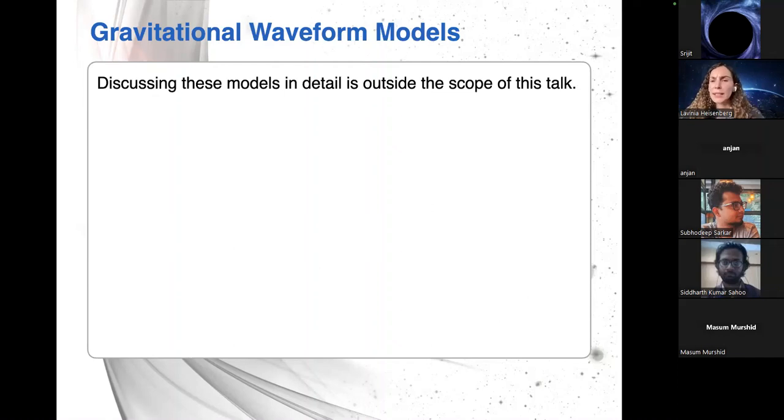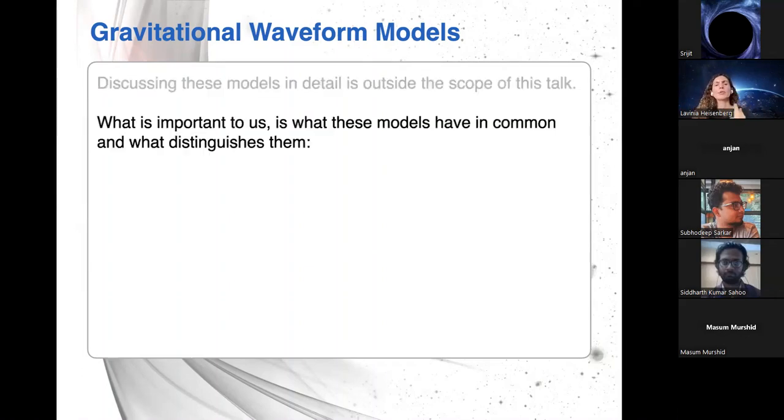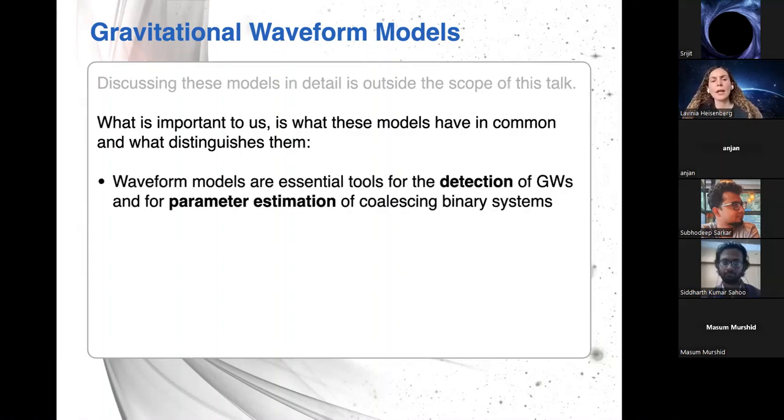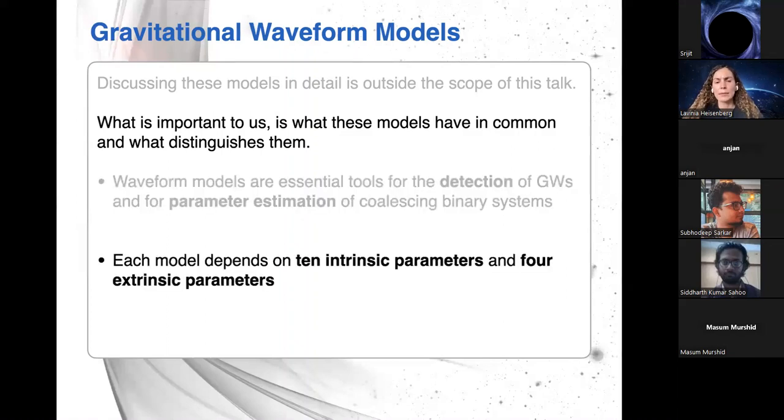As I was saying, discussing these models in detail, or discussing all of the existing models, is outside of the scope of this talk. So what is important to us is what these models have in common and what distinguishes them. Because waveform models are really the essential tools to be able to detect gravitational waves, and also for parameter estimation, we really need to investigate them in much detail.